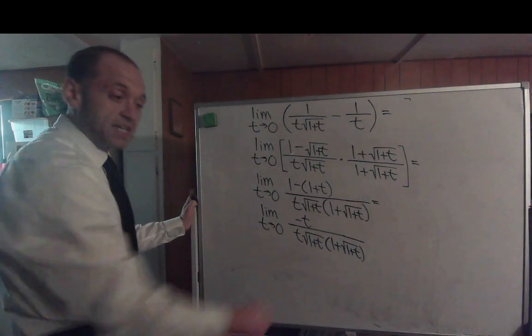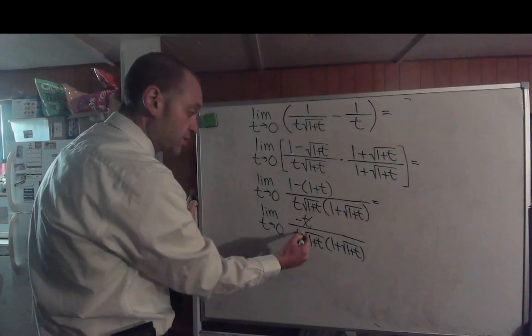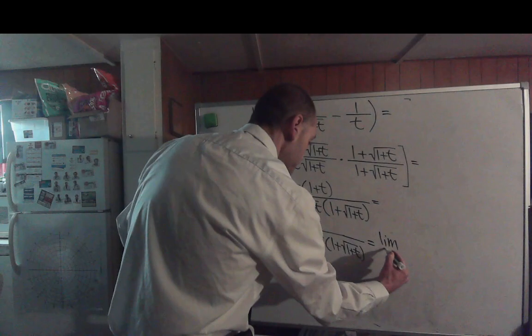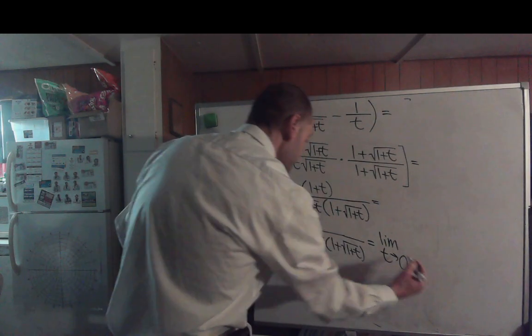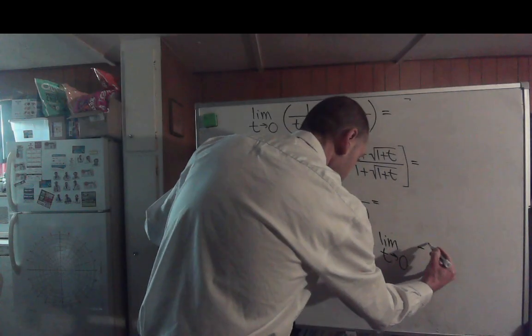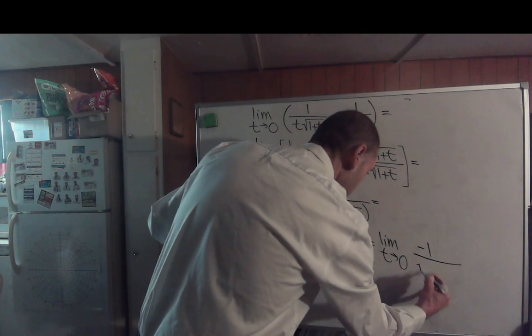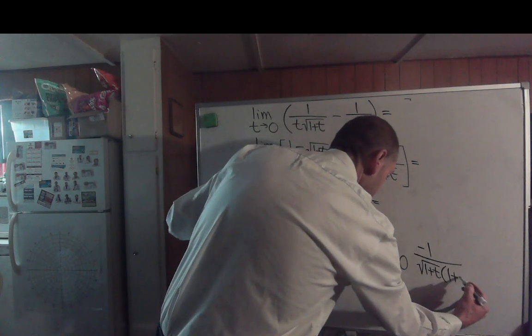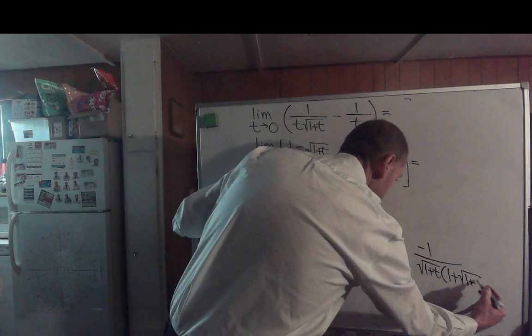Well, notice your t's will cancel out between numerator and denominator, so this will turn into the limit as t approaches 0 of negative 1 all over the square root of 1 plus t times the quantity of 1 plus the square root of 1 plus t.